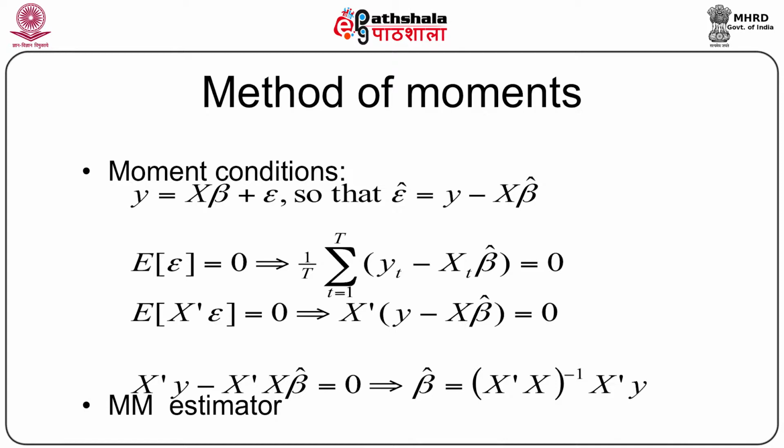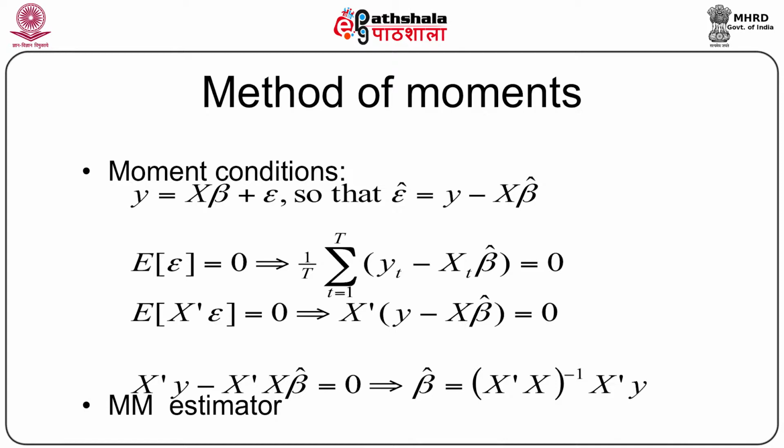So you can see that we can generate the OLS estimate by using the concept of population moments and hence the sample moments, that is, the mean value of the estimated residual equal to 0 and the covariance between x prime and epsilon hat equal to 0.